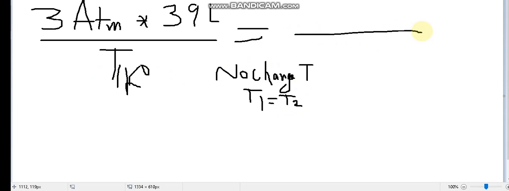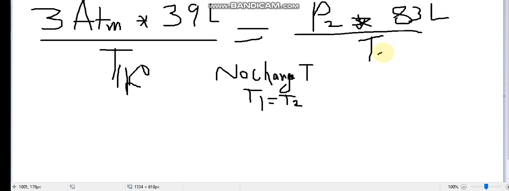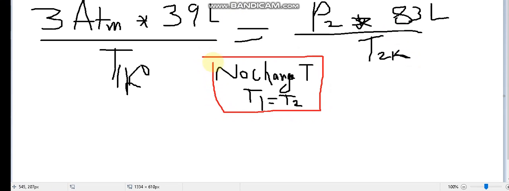So if we continue writing the formula, let's assume the second pressure, P2, is unknown and you want to find this value, and the second volume is, let's say, 83 liters over T2 in Kelvin. First thing, no change in temperature.